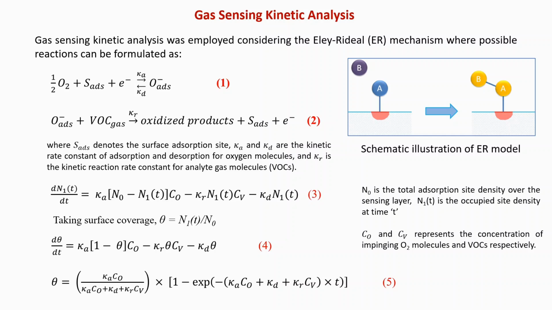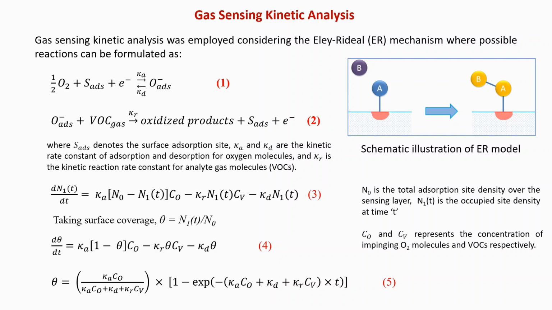If we consider N0 as the total adsorption sites, and N1(t) as the occupied site density at time t, then we can formulate this kind of equation, where Ka is the kinetic adsorption rate constant, and Kr is the kinetic rate constant of the VOC that is exposed on the sensing surface.